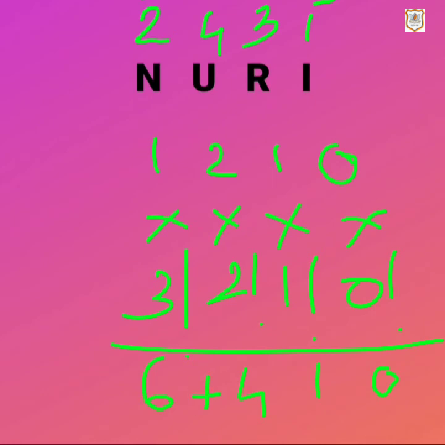So we'll add this. 6 plus 4 plus 1 plus 0 becomes 11. Whatever the answer is, we have to add 1 to it. This is the fifth step and the last step. Add 1 to it, that will become 12. So the rank of Noori as per dictionary order is 12.